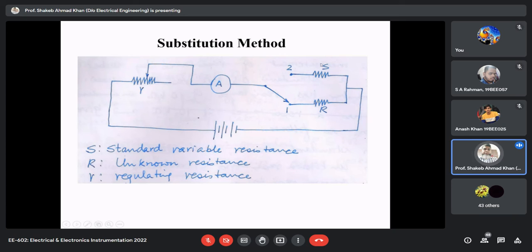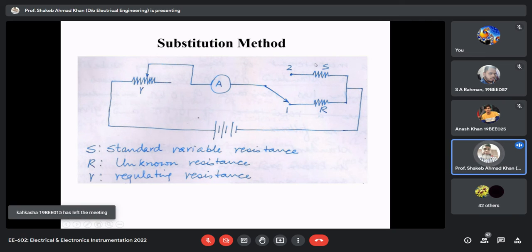So two readings we are taking. One is the ammeter reading when it is connected to the unknown resistance. Then we are switching to the standard resistance. Now we vary the standard resistance so that we get the same value of the current that we were having when the circuit was connected to unknown resistance.